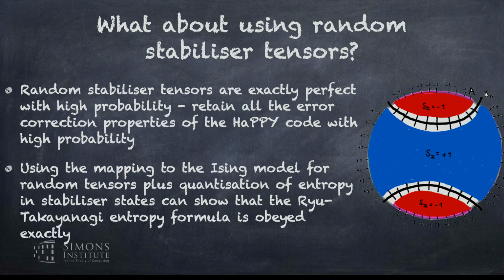So in particular, we can still use this mapping to the Ising model for random tensors to show that the Ryu-Takayanagi formula is obeyed exactly for these random stabilizer tensors. And you also get that in this model, complementary recovery is exactly obeyed. So for random tensor networks with just Haar random tensors, you get approximate complementary recovery. And then when you have random stabilizer tensors, you get exact complementary recovery. Okay.